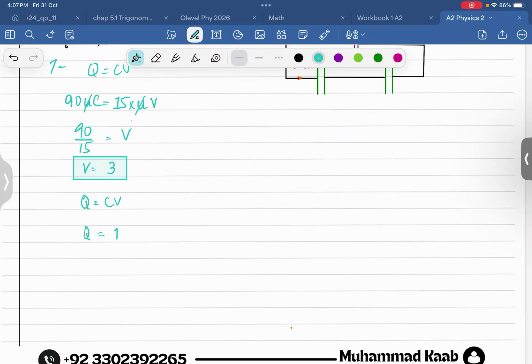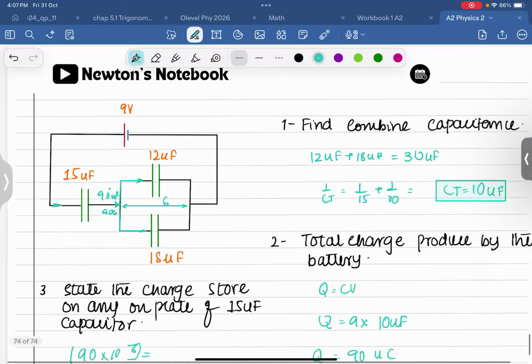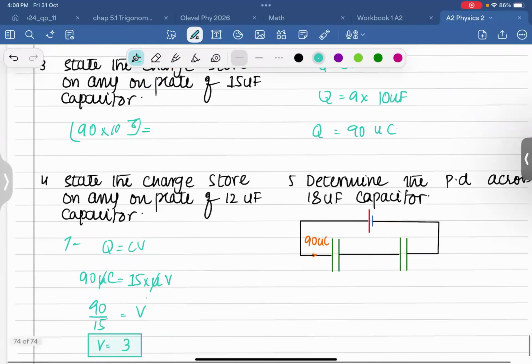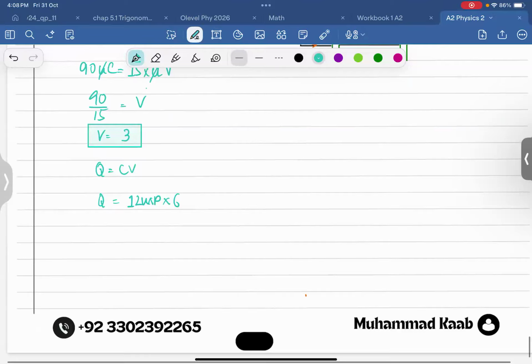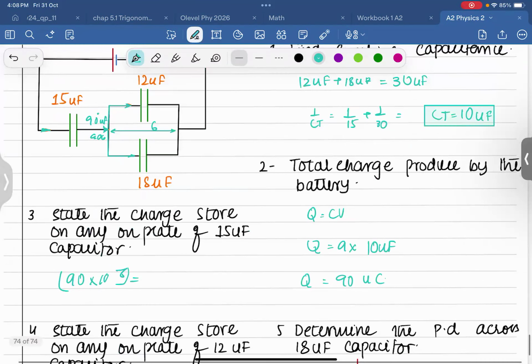In place of C, I'm working with 12 microfarad, multiplied by the voltage that is remaining, which is 6. So the charge becomes 72 microcoulomb. This is the charge across the 12 microfarad capacitor, right?